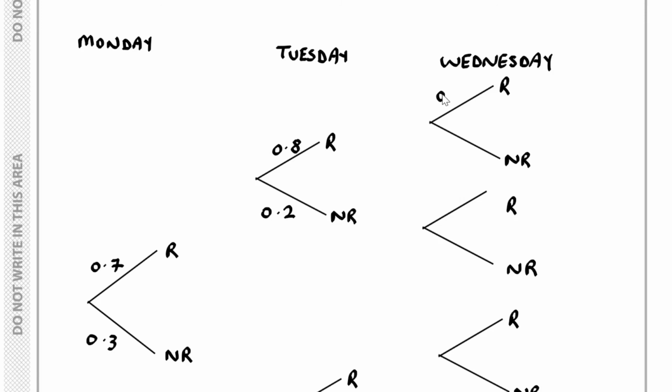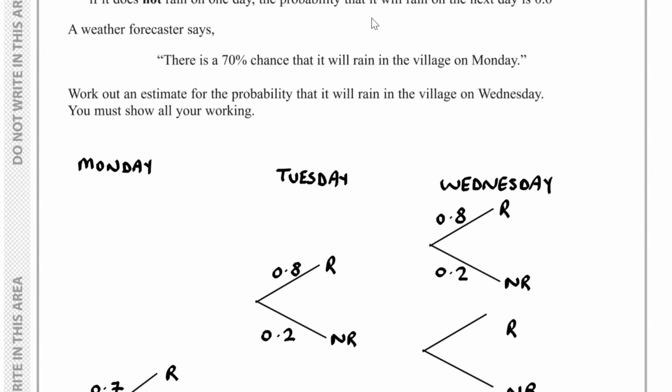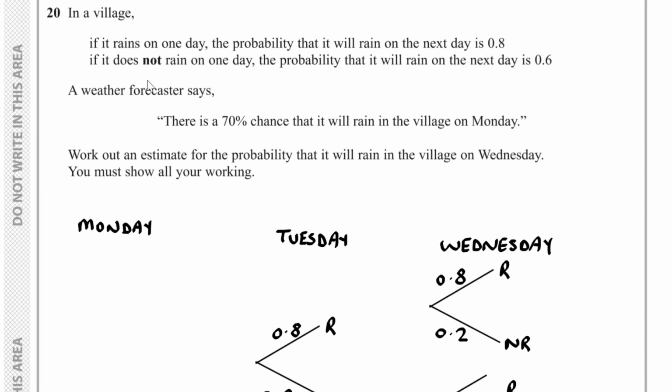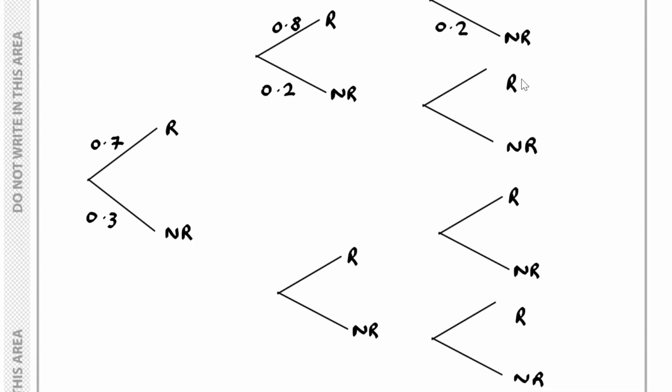So here we've got 0.8 because it rains and then it rains again, and 0.2 because it rains and then it does not rain. Now we have to consider the situation for what happens when it does not rain on one day, then it rains the next day. So if it does not rain and then it rains, that's 0.6. So does not rain is 0.4.